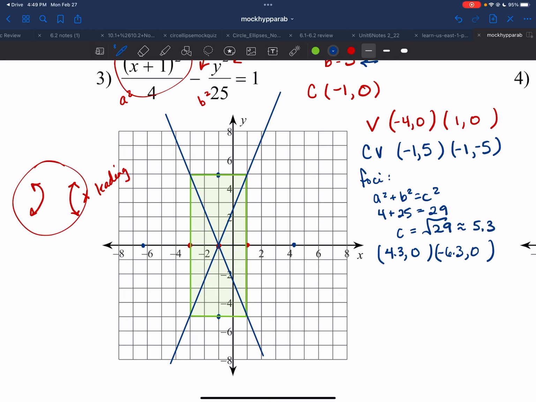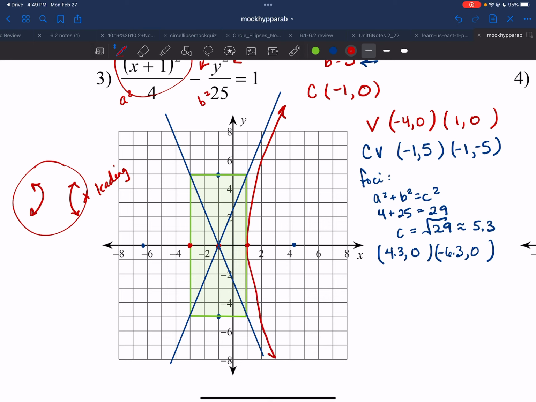All right. Now that we have that, where our vertices lie, those dots, that is going to be where the base of my hyperbola is going to lie. And then we're going to have it go towards our asymptotes, right?